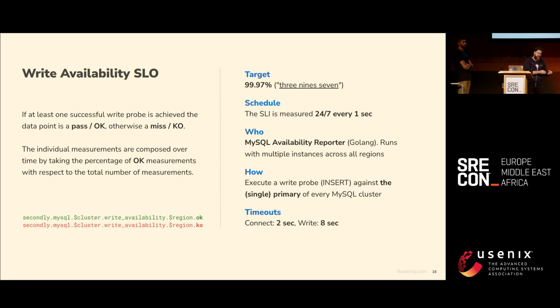The same component, the MySQL Availability Reporter, executes an insert query into the primary. We have a table that we insert into, which we call the heartbeats. If that insert succeeds, it's an OK. If it fails, it's a miss. Same as before, OK divided by the total gives us our SLO.